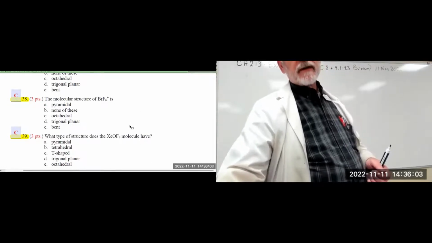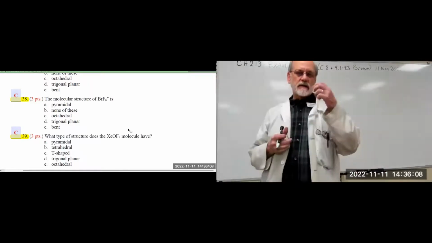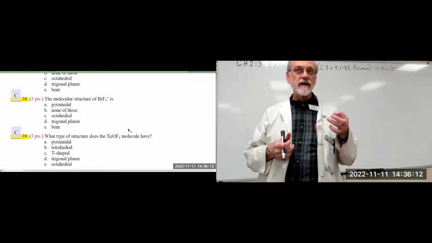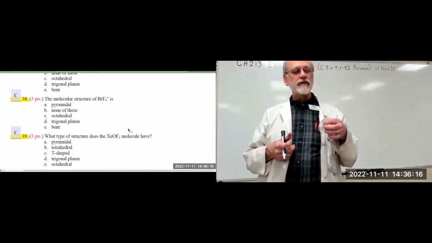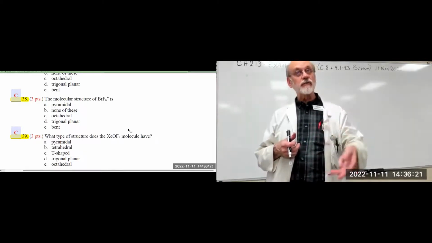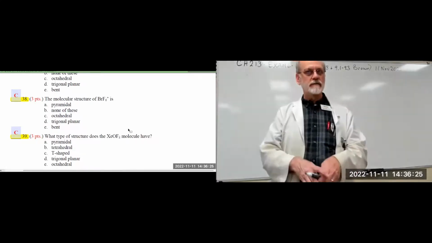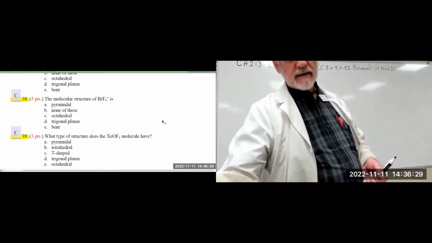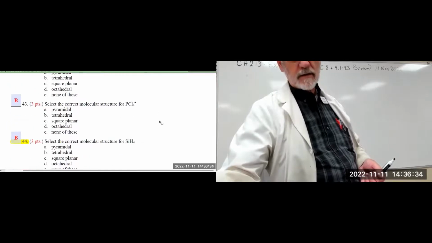Molecular structure. Okay, what I would caution here is that whenever you draw the Lewis dot structure for an ion, be sure and consider the charge. If it's a 1 negative charge, you have to add an electron. If it's a 1 positive charge, you have to subtract 1 from your valence total. Then you can go with drawing your structure. And these are kind of busy work, so I'm going to skip those for now.